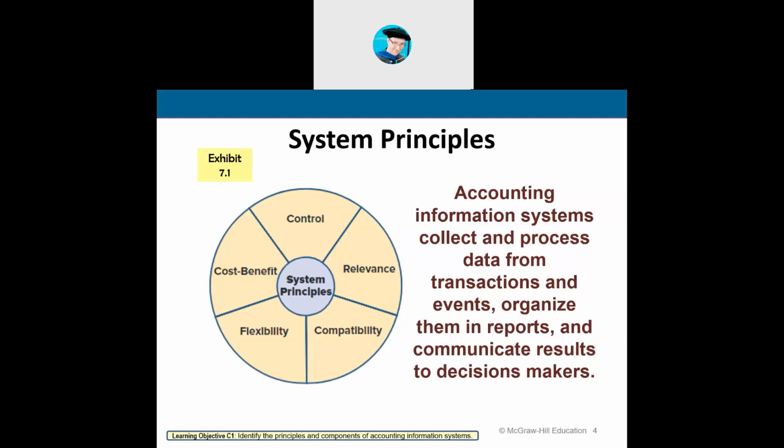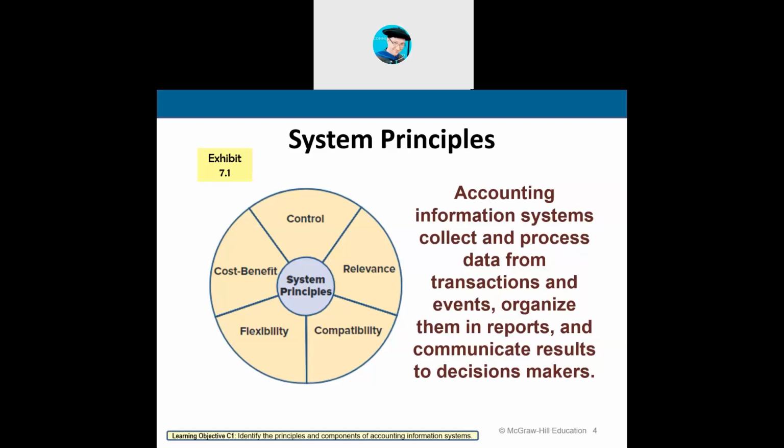Think of it this way: we enter transactions into QuickBooks or Excel or the computer. By doing that, we're entering the data into the accounting information system.